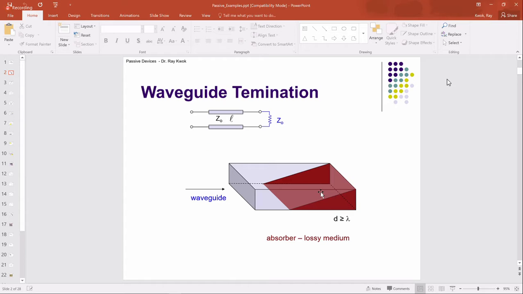I have a question. Yes. How do you connect to that? Like at the end of the day, you want to get your signal through the waveguide. How do you connect on that end? On the other end? No, on this end. Oh, you don't. When you terminate it, that means you don't. Oh, okay. Right.